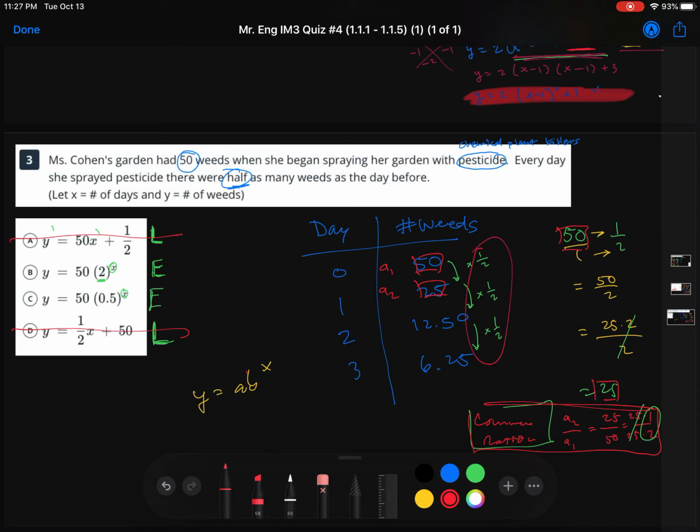So the b value is 1/2. The a value is the y-intercept, which is 50. So y equals 50 times 1/2 to the x power.